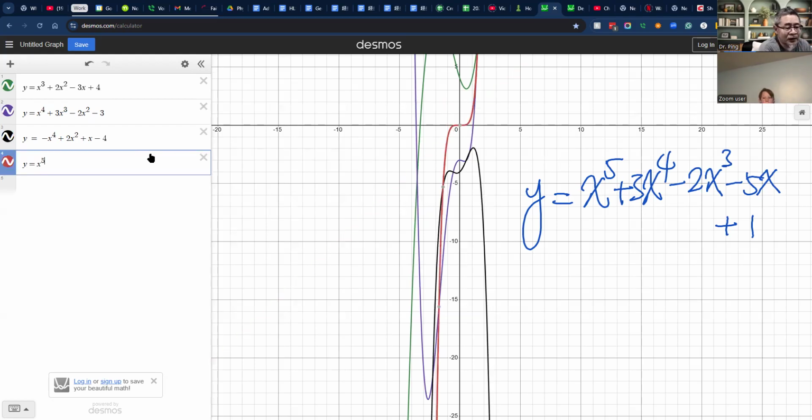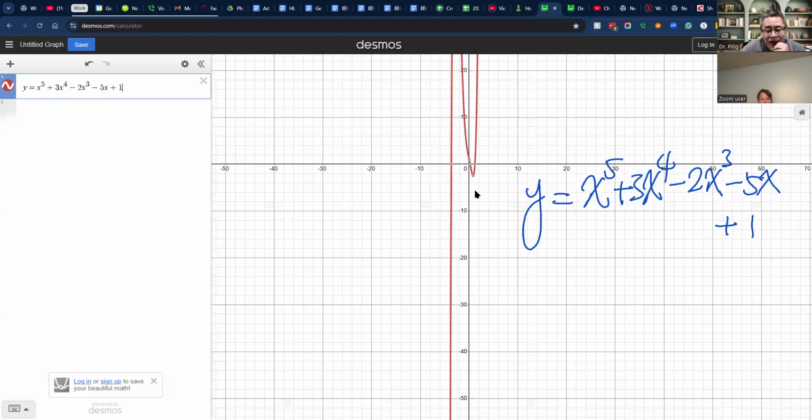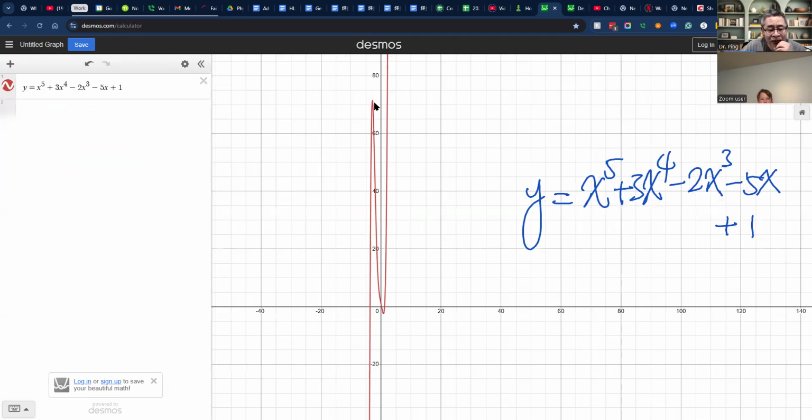Now you can see we got another one. Well, this one we can see we only have 2 turns. One is on the top here, and another one is here.